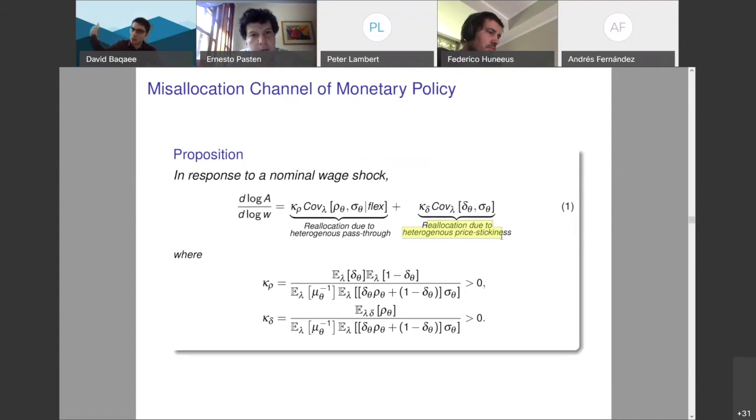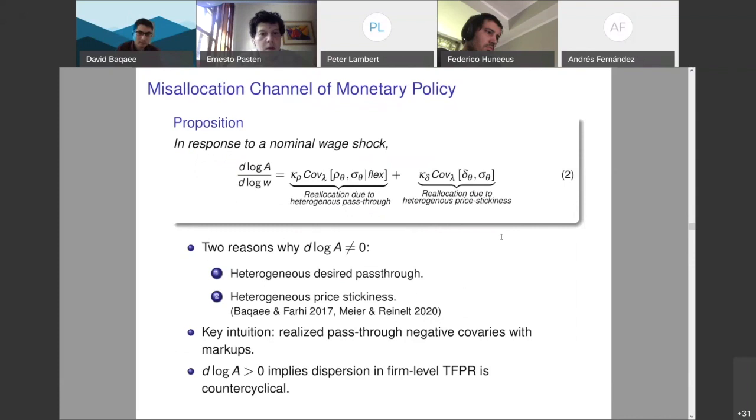What really matters is, given the markup you have now, including whatever price stickiness played a role in setting it, is there a systematic relationship between your markup and the pass-through? If you have that, then you're going to get the productivity effects. If you don't, to a first order at least, you won't get the productivity effects. Okay, thanks. Great.